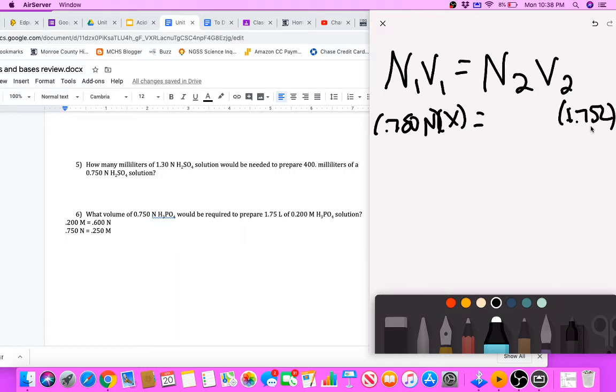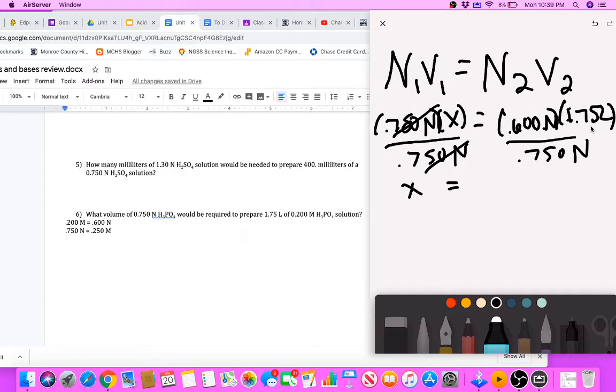This is 0.200 molar, but we said that was 0.600 normal. To solve for X, we divide both sides by 0.750 normal. That cancels out, and on the left we have X. On the right we're going to do 0.600 times 1.75 divided by 0.750.